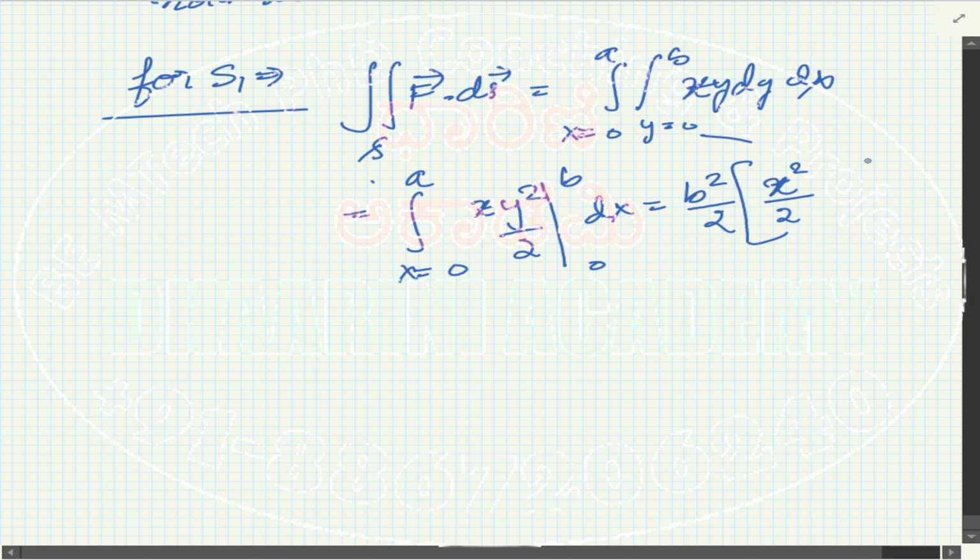So x squared by 2 should be substituted from 0 to 2. So this part S1 is a square b square divided by 4.